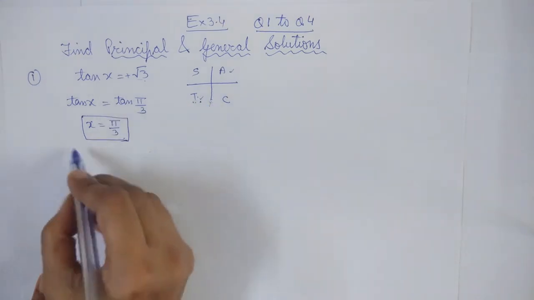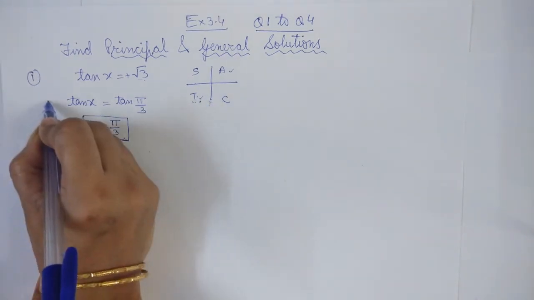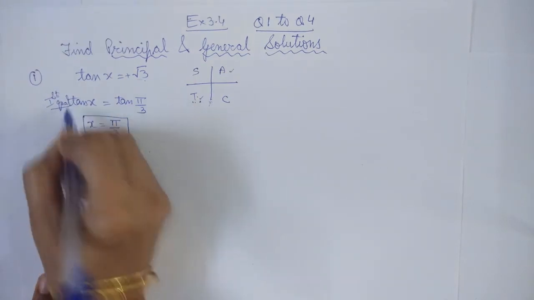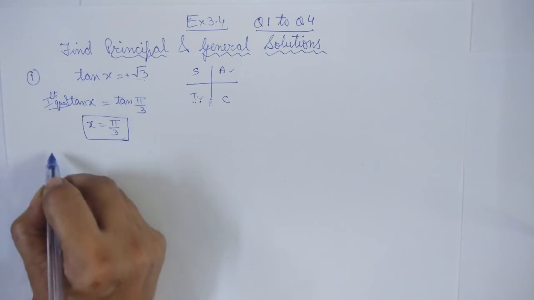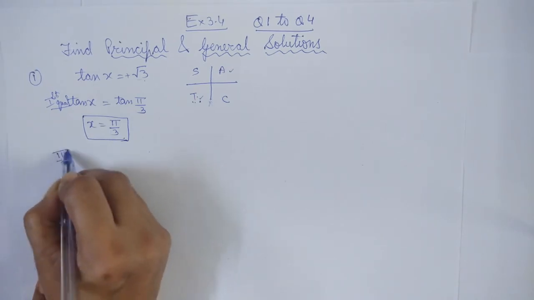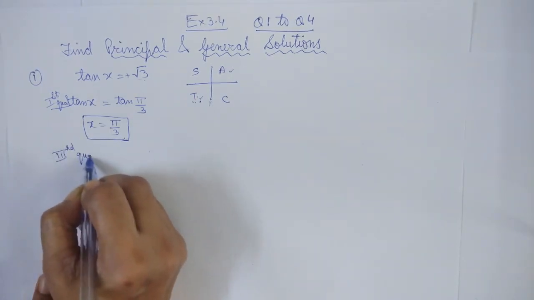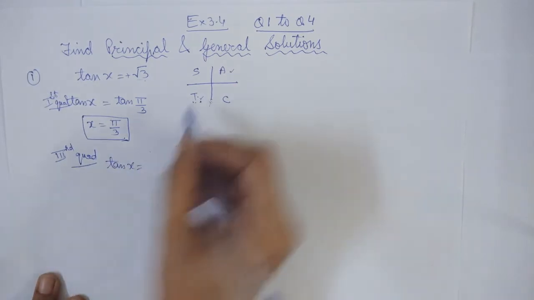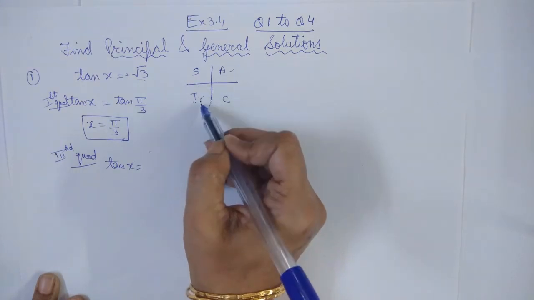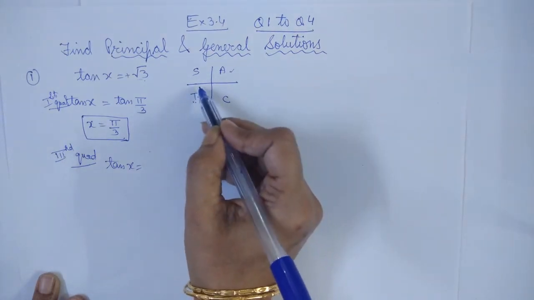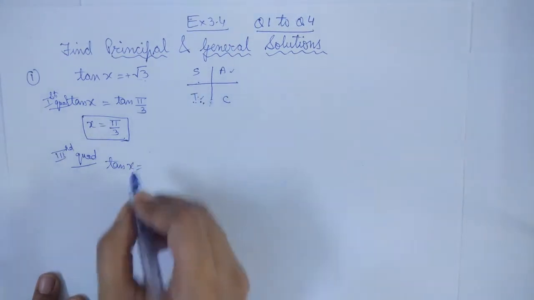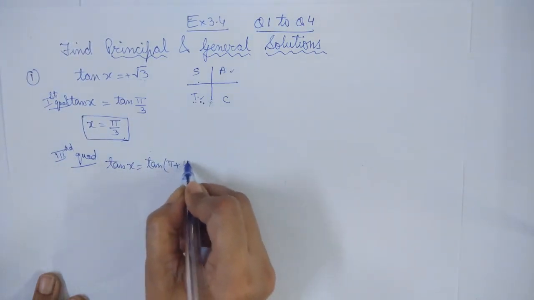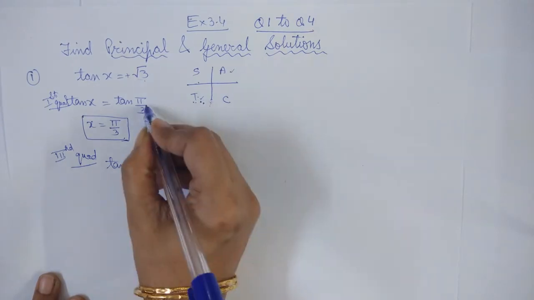So for the second condition, the first quadrant we have got. Now from the third quadrant, tan x will be tan of 180 plus theta, where theta is pi by 3.